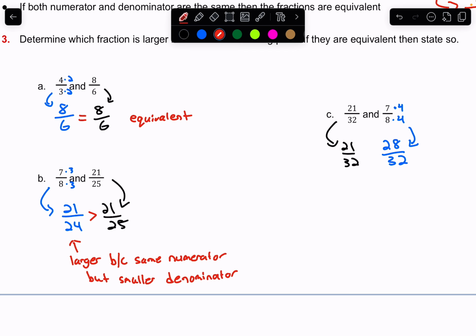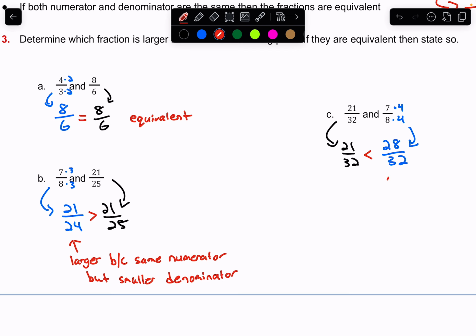And so same number of pieces, but if we cut a bigger thing, 28 instead of 21, up into 32 pieces, when you start with 28, each piece is going to be bigger. Okay, so imagine we have a pile of money and we're splitting it into 32 pieces. You would rather have that pile of money be big at the beginning. That way each piece is bigger at the end.